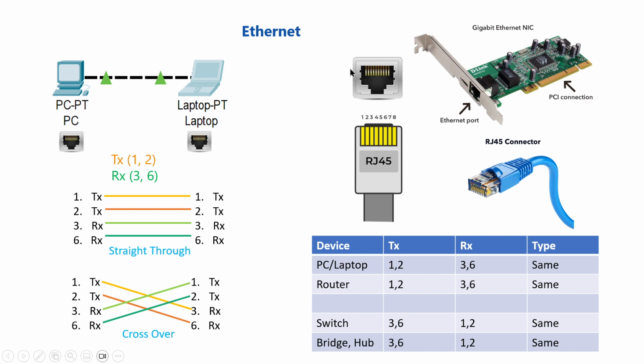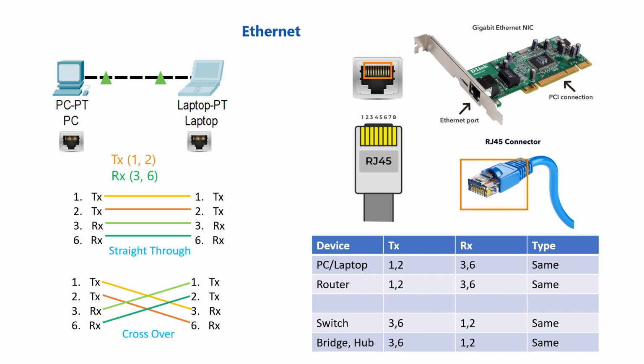So we have our port, our physical port. Please note that it has some pins on the inside. So it has some pins, and these are numbered from 1 to 8. And this is important because this RJ45 cable is going to connect into that port.